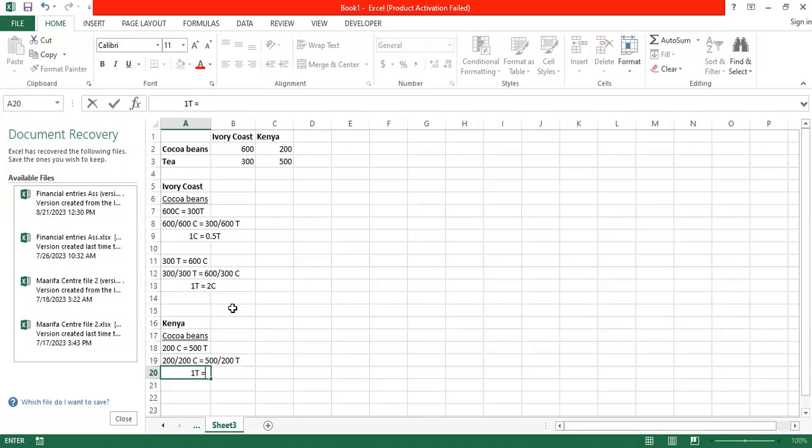And then 200 divided by 500, it's 2.5. Yes, 2.5.